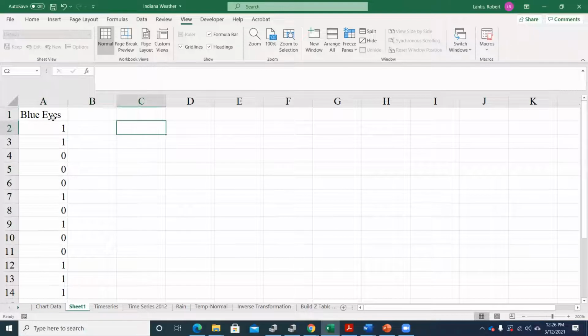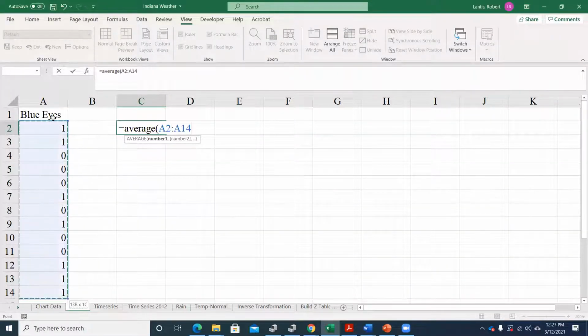Well, if I find the mean, using the average function in Excel of this variable, what the mean will do is add up all these values and then divide by the total number of observations. When I'm adding up all these values, the only thing that really does anything is if someone has blue eyes, because otherwise I'm just adding zeros. So the numerator of my mean will really just be counting the number of people with blue eyes and then dividing it by the total number of observations.